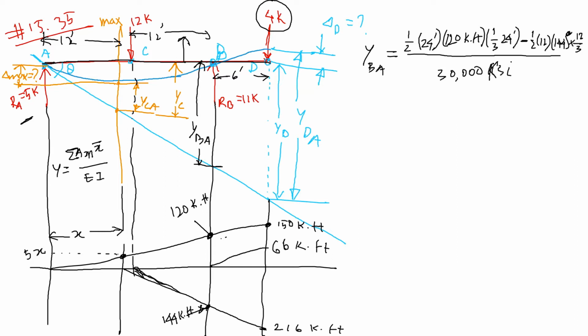E is 30,000 ksi and I is given as 228 inches to the power 4. Now in the numerator I have feet cubed, so I have to convert by multiplying by 12 inches per foot, cubed, because I have three of those.